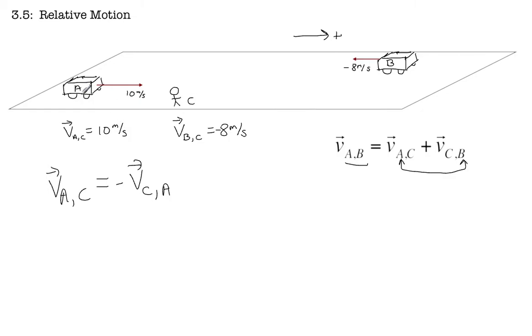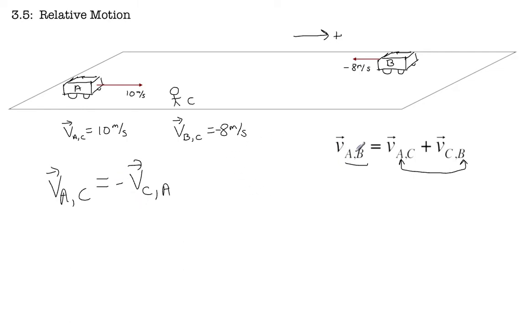So while A appears to be moving to the right at 10 meters per second, according to observer C, if you're in car A and you're looking at observer C, they appear to be moving towards you at the same speed that you're traveling because C is at rest relative to the ground. So if you're a passenger in this car, you see person C moving to the left towards you at 10 meters per second. So that's where this comes from.